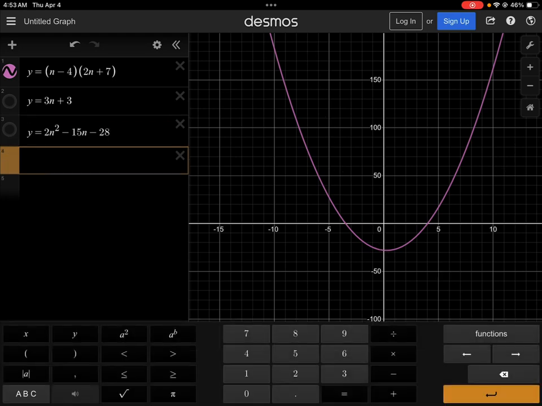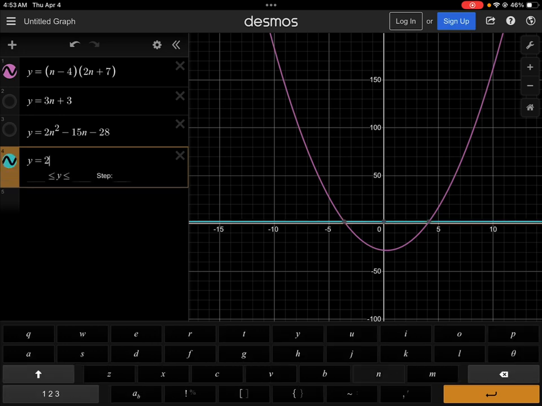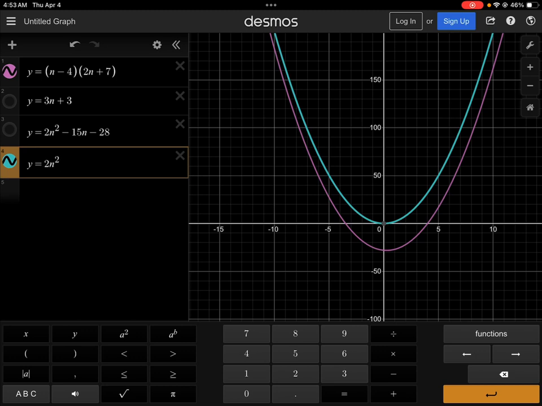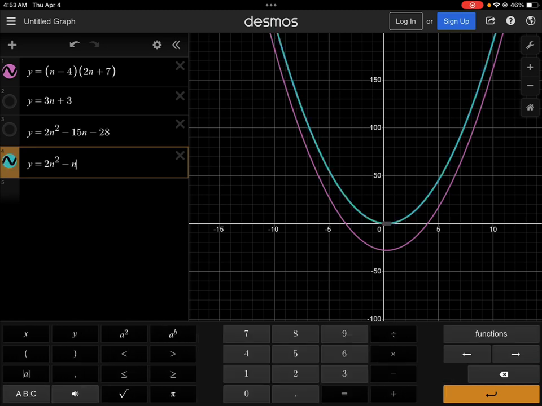So what about the last one? Y equals 2n squared minus n minus 28, and those are the same one.